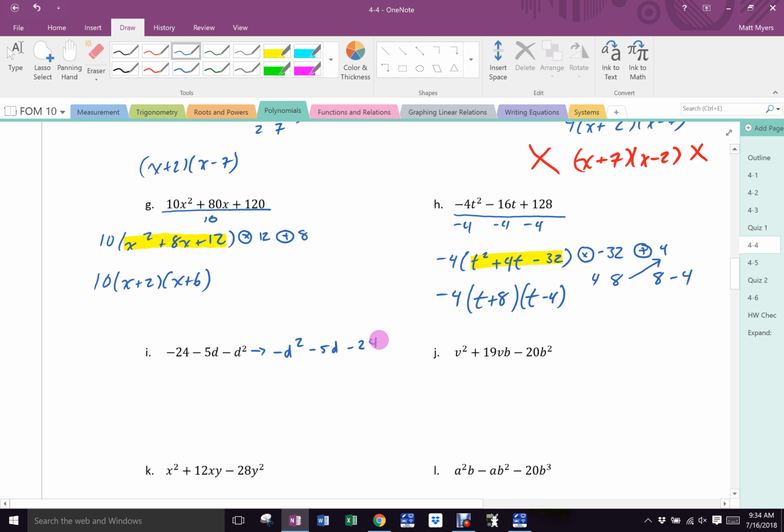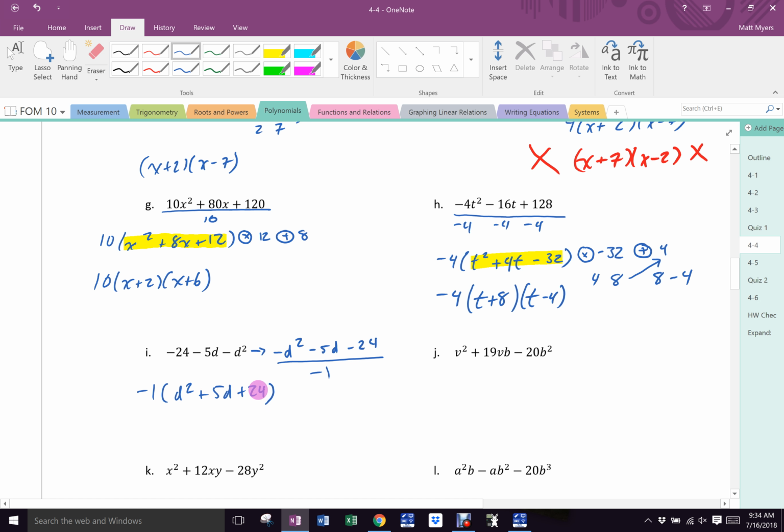Everyone agree? Do I have all the same stuff? Yep. Now what don't I like? I don't like that negative because we only know what to do if that's got nothing in front of it. So I'm going to divide out a negative 1. So negative 1, and that gives me d squared plus 5d plus 24.